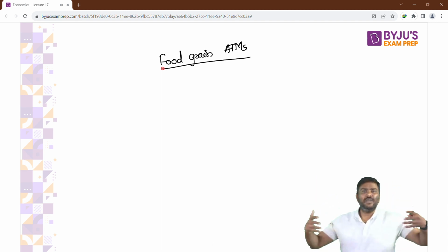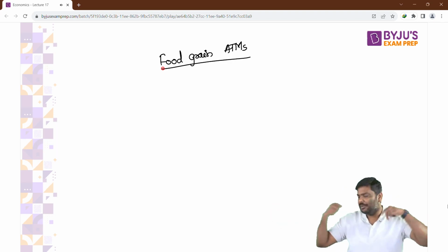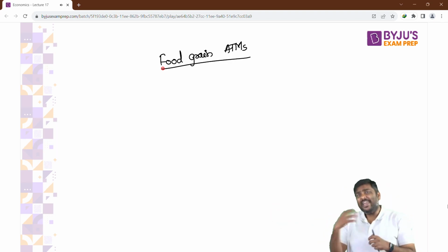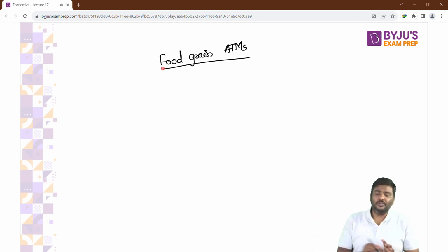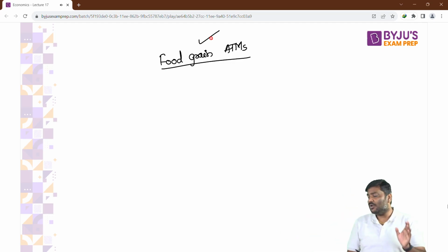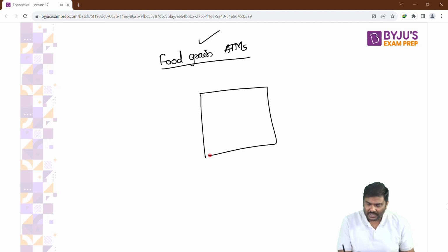They might have a weight of 4 kg, but they'll say this is 5 kg, weigh it and give it to you. So one, lines could be a problem. The queue in front of the shop could be a problem. Second, correct weighing is also a problem. So now Government of India says we'll introduce a new system called food grain ATM.